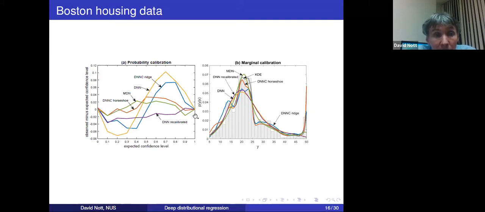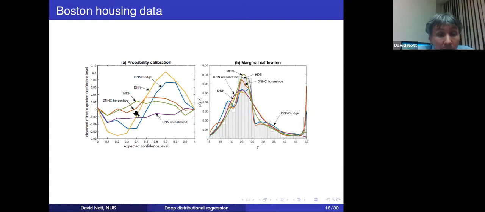For our Copula approach, we have two approaches corresponding to two different priors on the regression coefficients in the implicit Copula construction. The blue line here is the deep neural network Copula approach with a ridge prior. That doesn't have very good probability calibration, but we also have a deep neural network Copula approach based on the horseshoe prior.